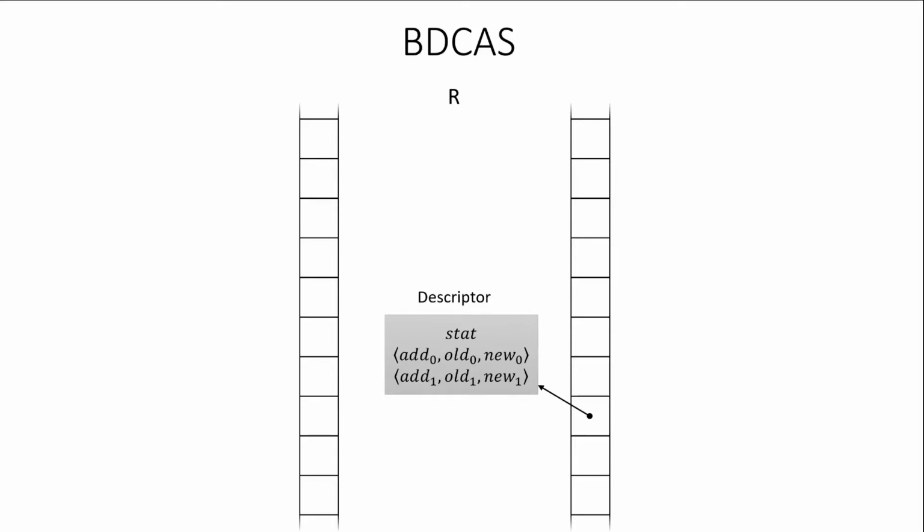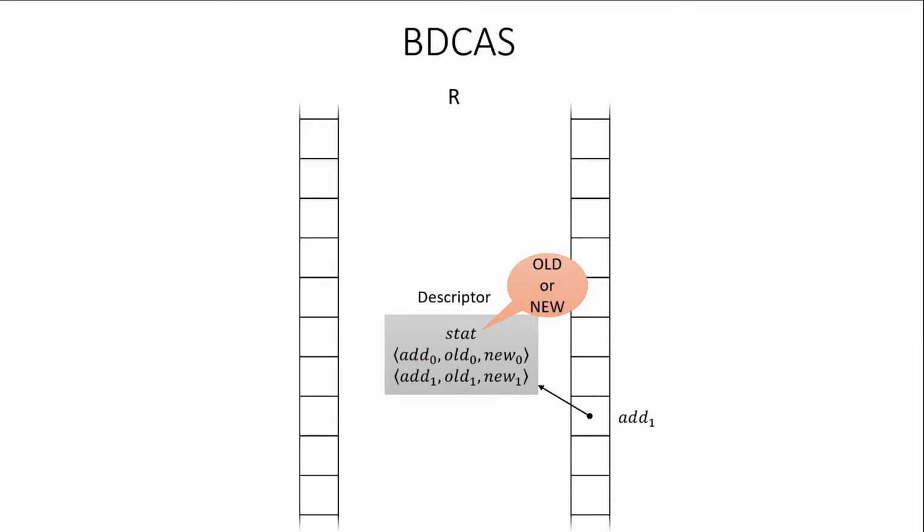The descriptor contains a status field. It also stores two triples of addresses, old and new values, exactly as the arguments of a BDCAS operation. If a pointer to such a descriptor is stored at a given address, then that address must appear in one of the two argument triples. The status of the descriptor is either old or new.